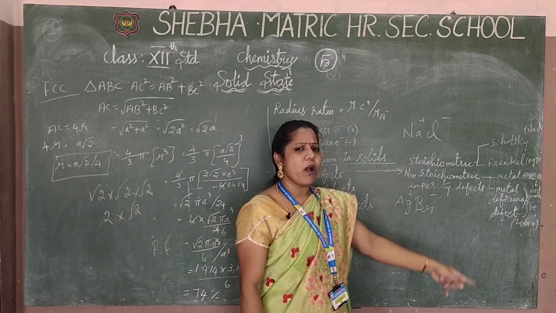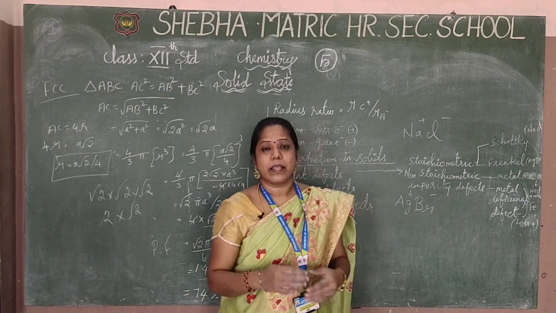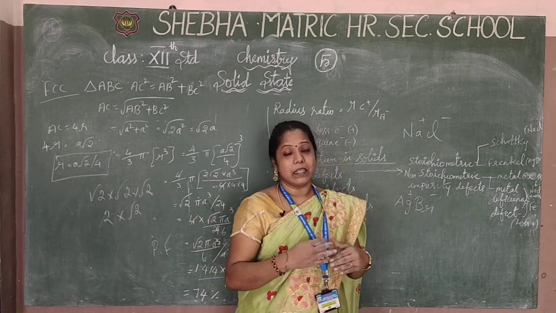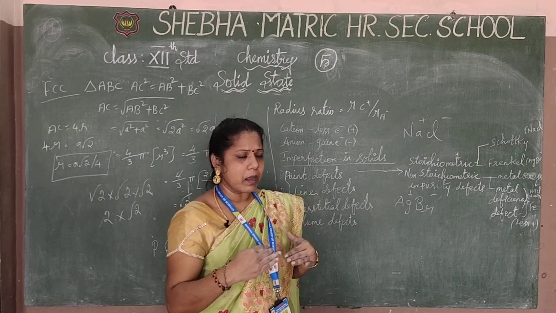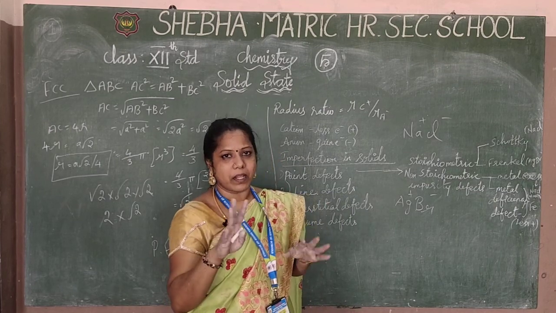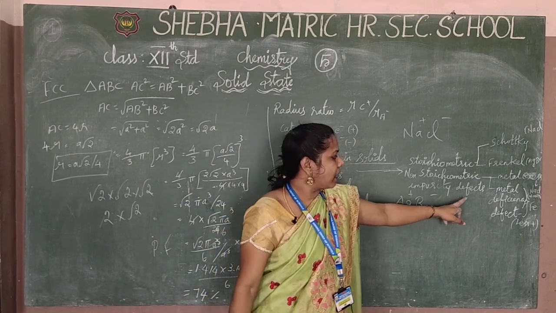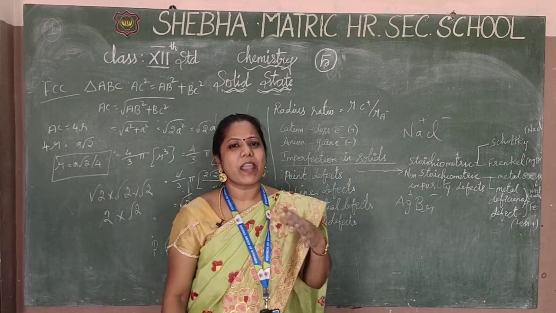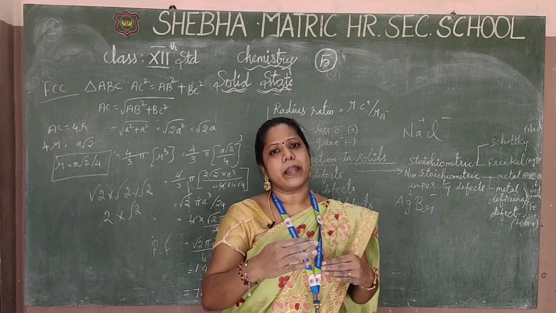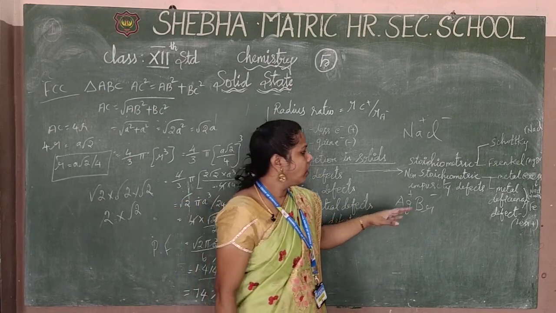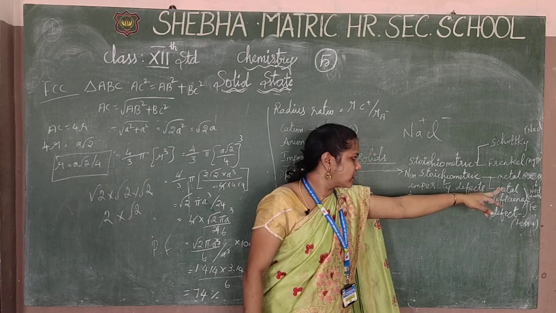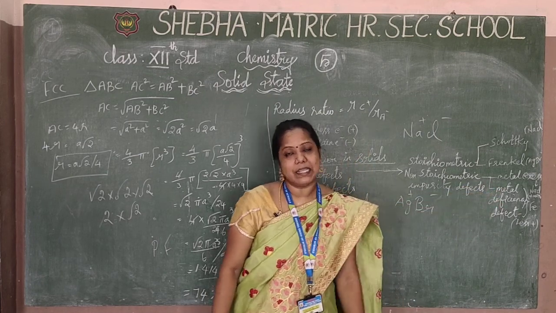So in this type, go for the defects of deficiency. Deficiency means less, while excess means more. That is the difference, you know. So metal deficiency is the right opposite. The number of cations is less compared to the anions. So you have to find out the difference between metal excess and metal deficiency defects.